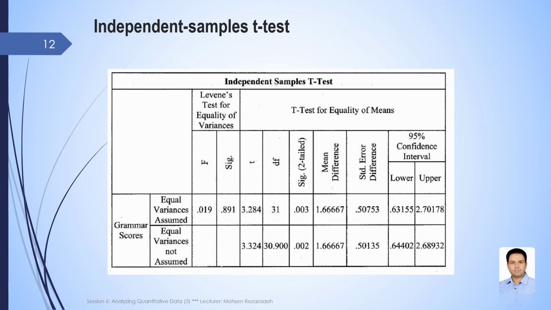As I said before, level of significance in social sciences equals 0.05. If it is in fact smaller than 0.05, then we can conclude that there is a statistically significant difference between the mean scores of the two groups, and the null hypothesis can be rejected.